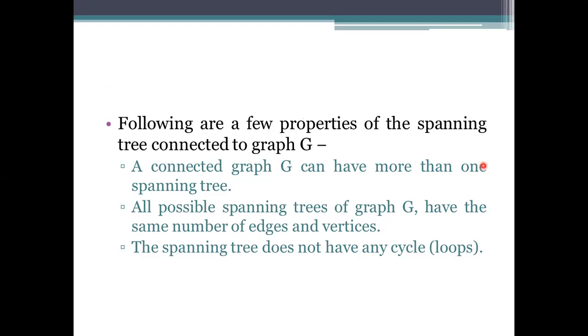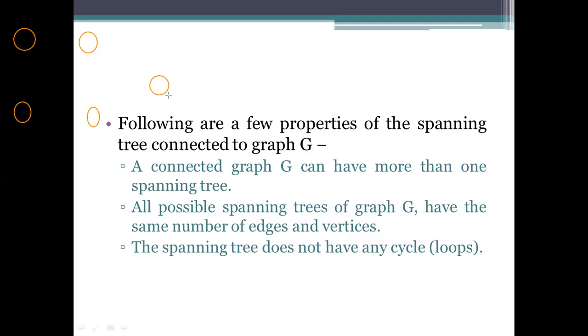The spanning tree will have the same number of vertices as the graph. If the graph has 5 vertices or 4 vertices, each and every spanning tree will have only that many vertices and the corresponding number of edges.